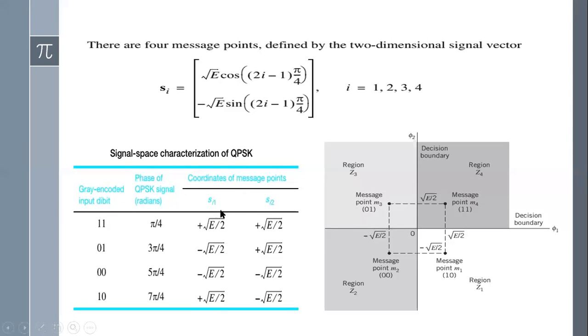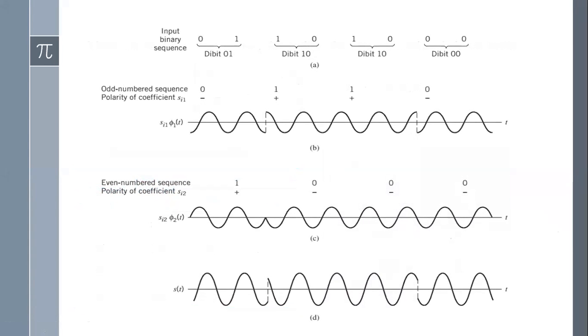That means I am representing these two bits as different signals. Si1 and Si2 are the two coefficients, or the two vectors, representing the signal. So how am I doing this modulation? I have 00, 10, 11. To understand that, we go to this example.